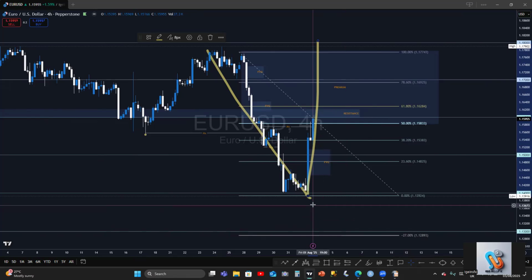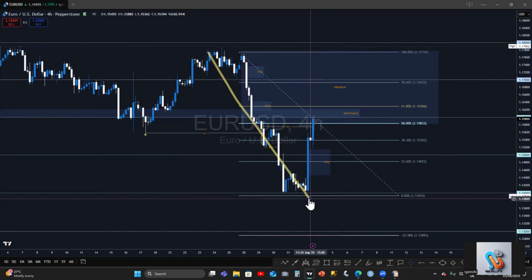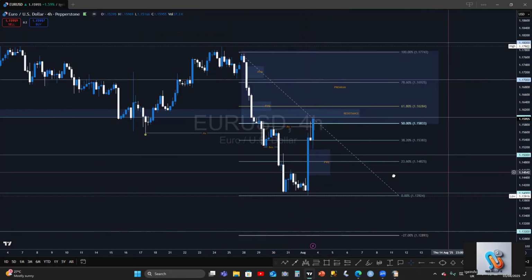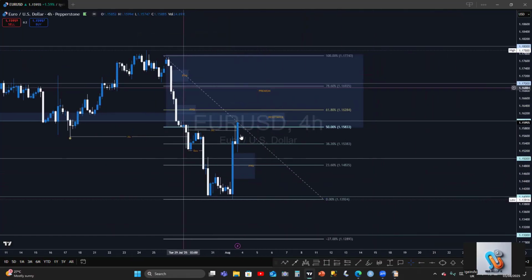We are now waiting, as soon as the market opens, to see if the price will hold here or if it's going to come back, because as it is now, structure has not been created.